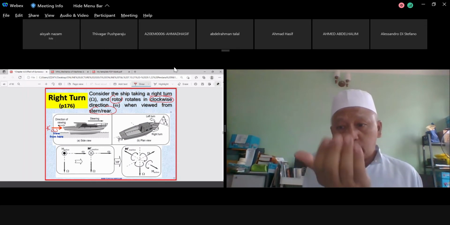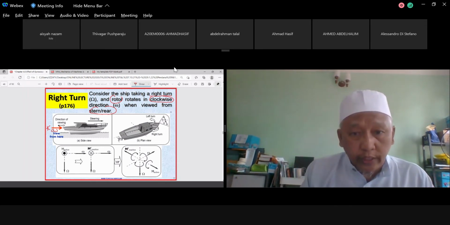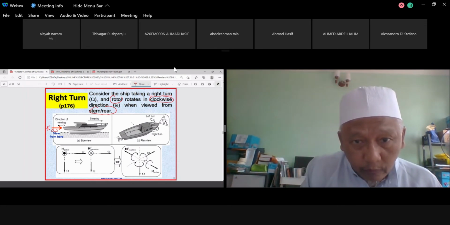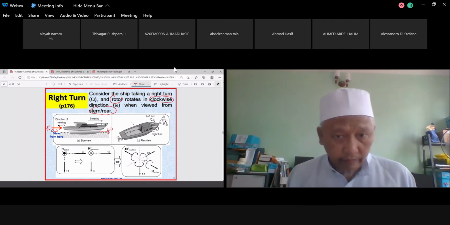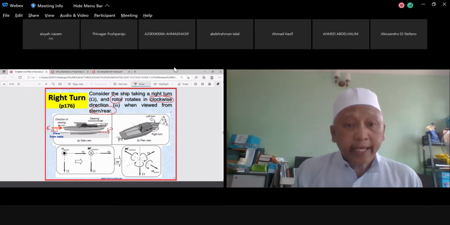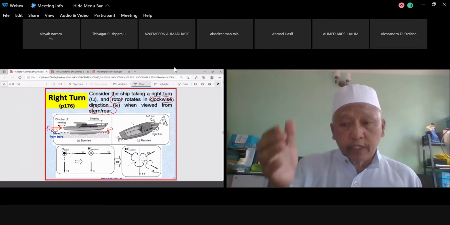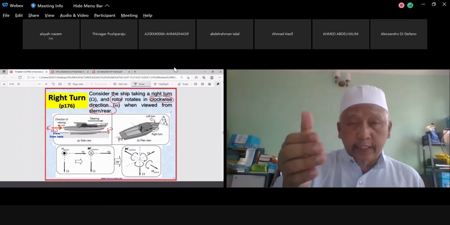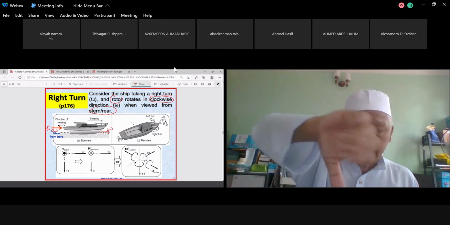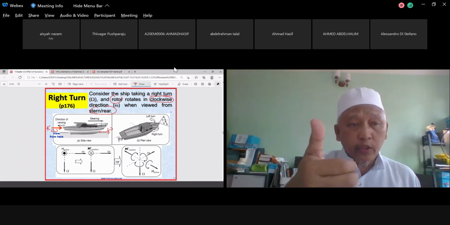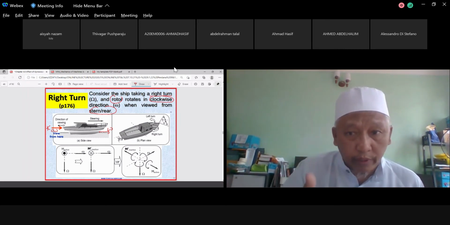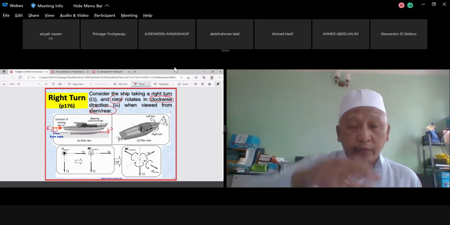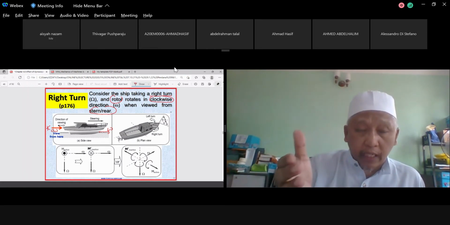So as you have this clockwise, the omega, or the spin velocity, will be pointing that way, right? And the ship now makes a left turn. This is the left turn, this one is the right turn. So you will have this pointing upward or pointing downward. If you have a right turn, it points downward. If you have a left turn, it points upward.